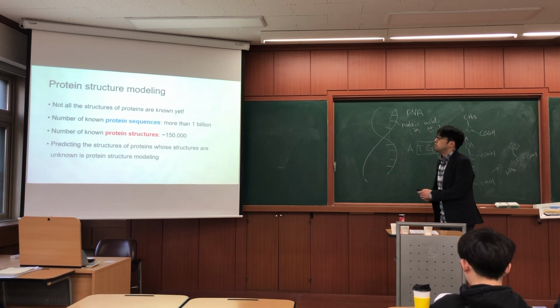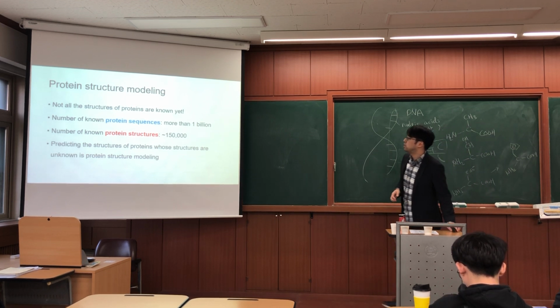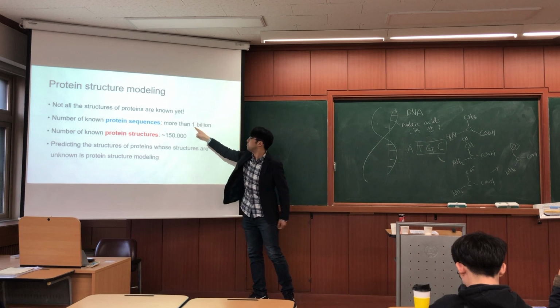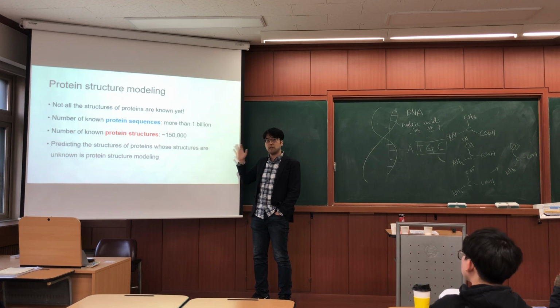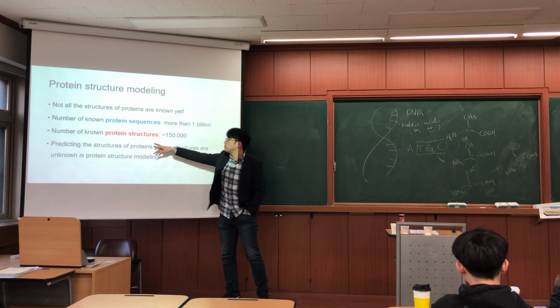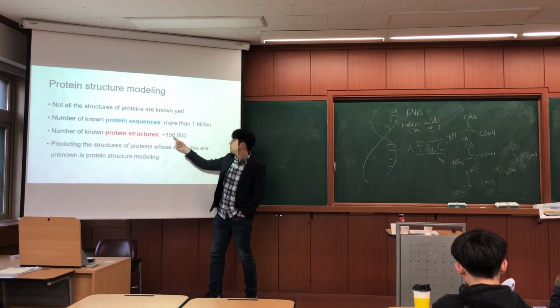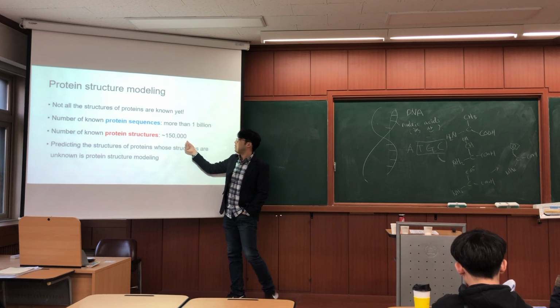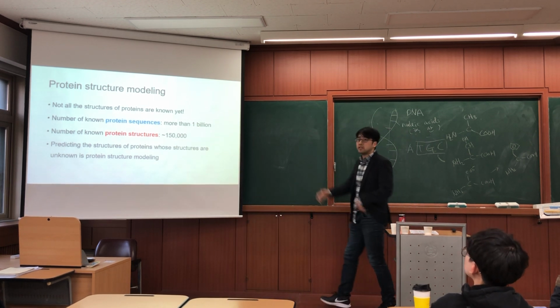And so let's talk about protein modeling. As I told you, the number of currently known protein sequences is more than 10 billion sequences. But in terms of protein 3D structures, we know only about 150,000 protein structures, which is a big difference, right?